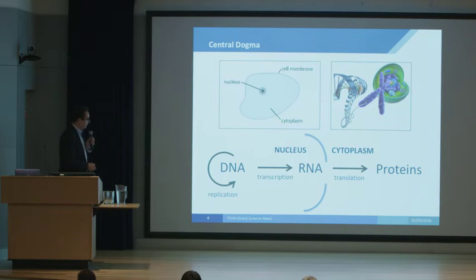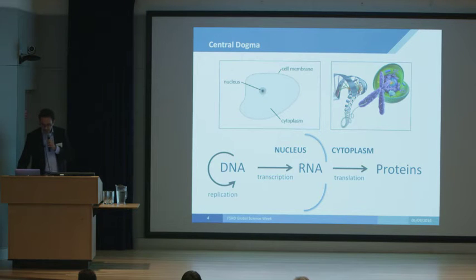The other one is what we call transcription and translation, and it's basically using the information that is embedded within the DNA. So in the DNA are our genes, as you've heard before, and these first need to be copied into a molecule which we call RNA, and then it will be translated into the proteins, which are the building blocks of our cells.